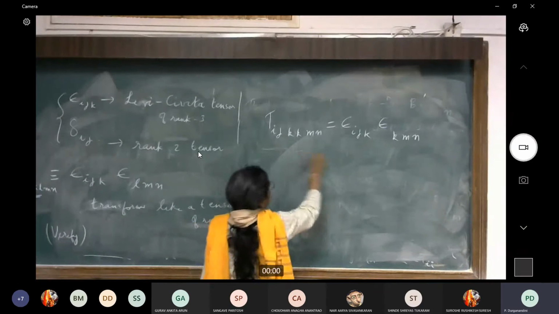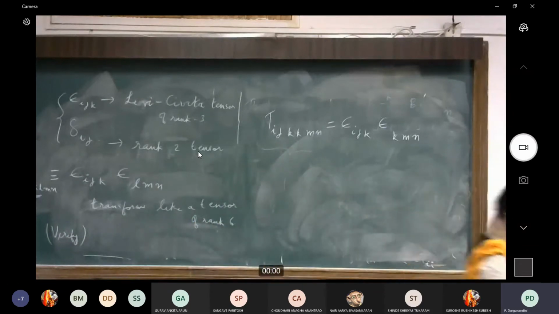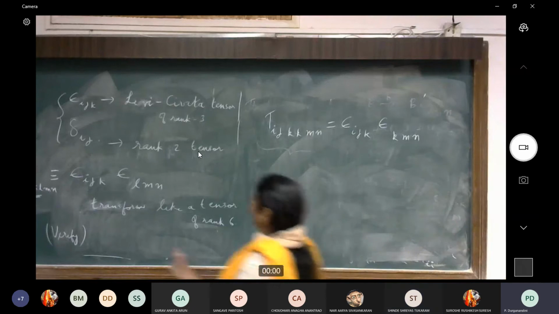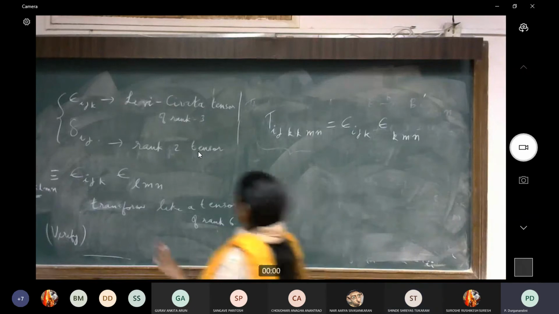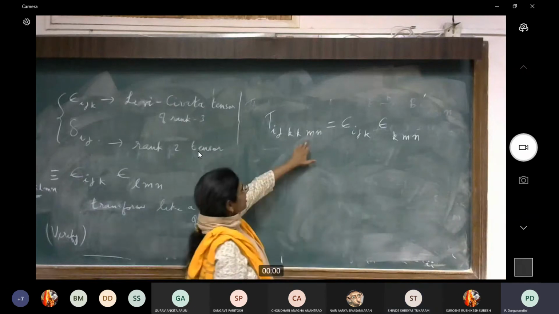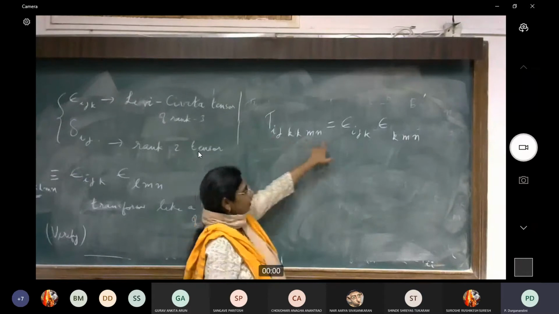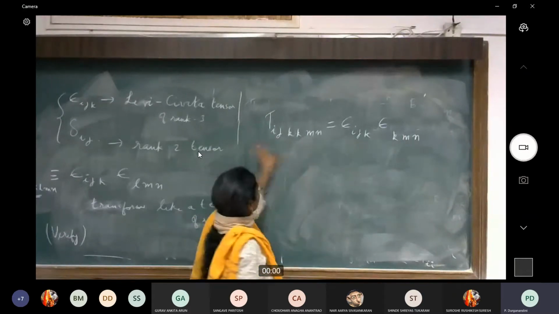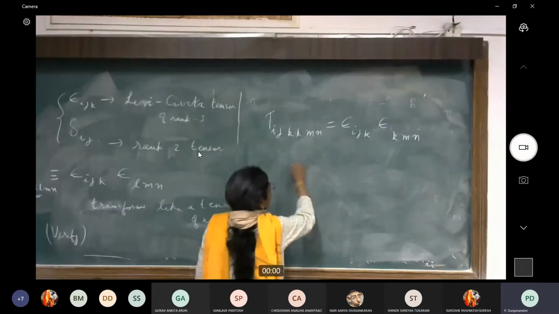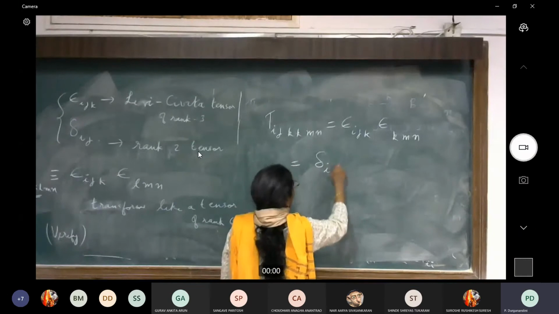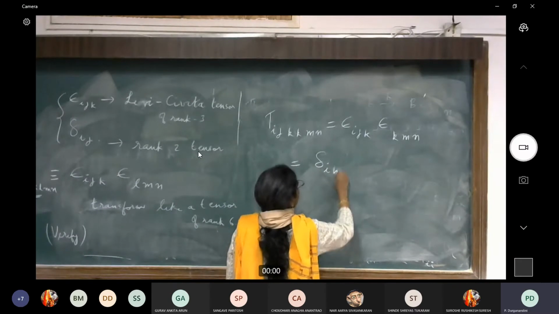Now, what should this object transform like? Rank 4 tensor. It should transform like a rank 4 tensor, which means that whatever is on the right hand side must have only 4 free indices, which will be i, j, m, n. And now my claim to you is that this will be equal to a combination of delta terms.